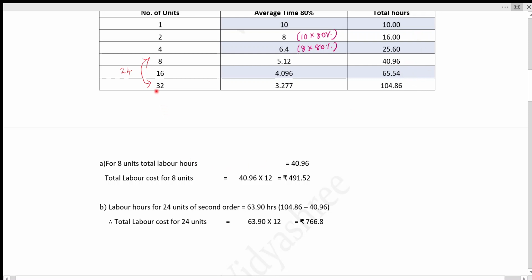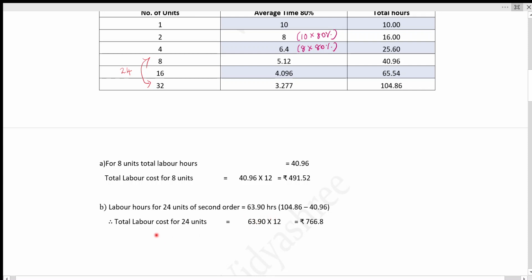You can observe here, 32 units minus 8 units, you get 24. So we need to calculate for 24 units as per the given question. So just subtract the total hours, and you get 63.90 hours.